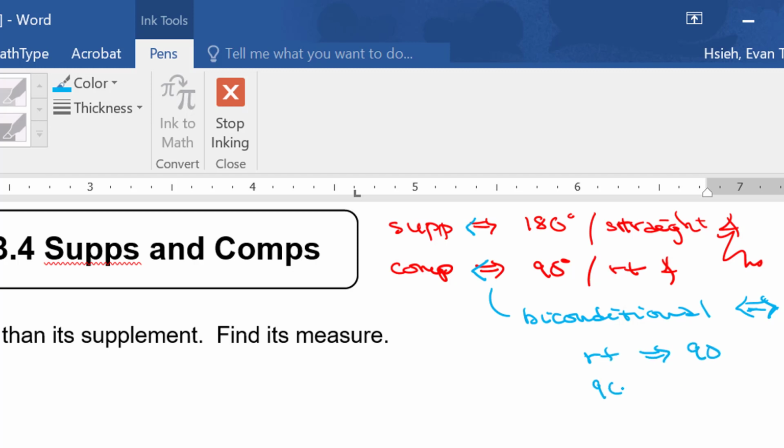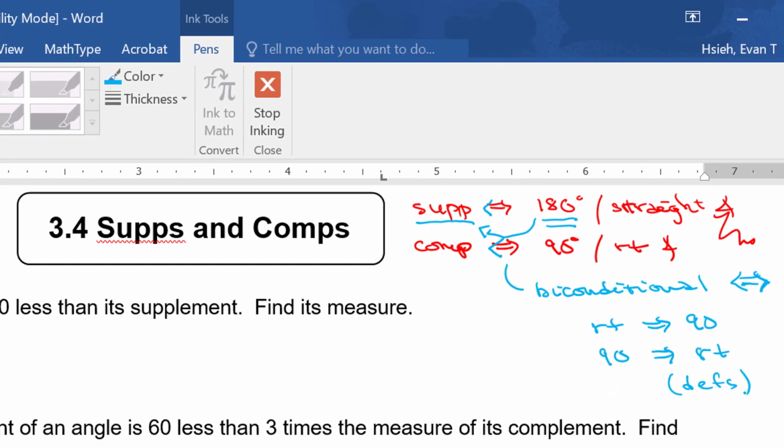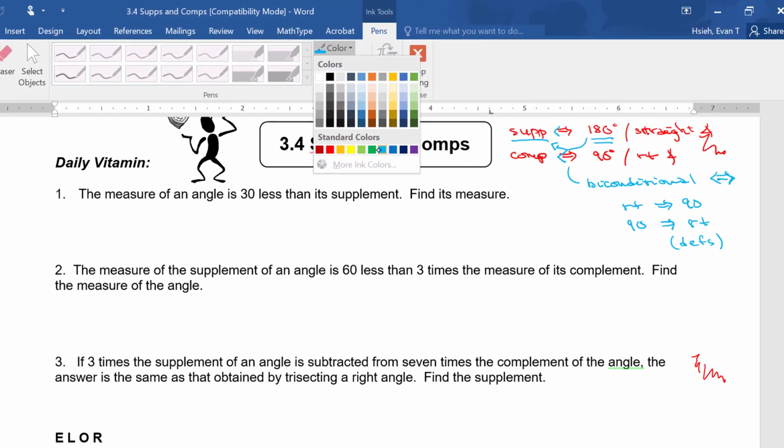Or if I have an angle that's 90 degrees, then it's a right angle. It works in both directions. Similarly, if I have supplementary angles, then they add up to 180 degrees. Or if I have two angles that add up to 180 degrees, they are supplementary to each other. So it works in both directions, and that's true about all definitions. They are biconditional.